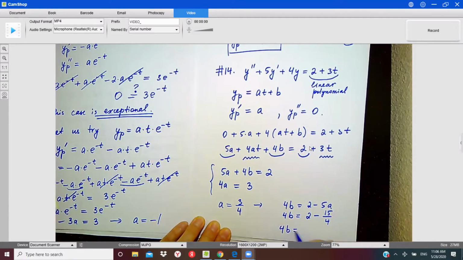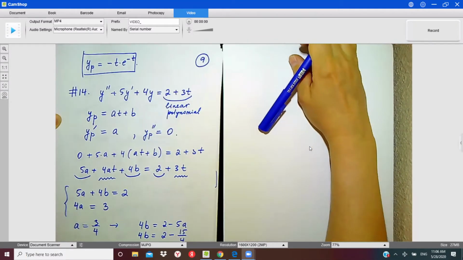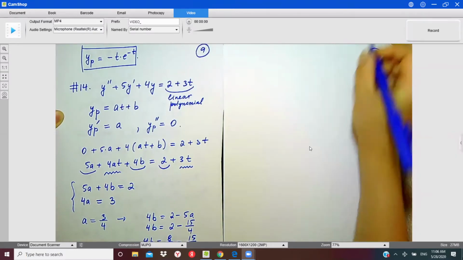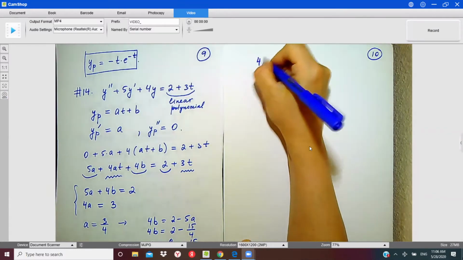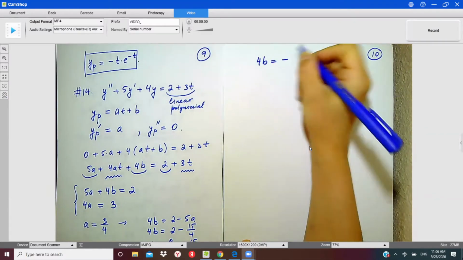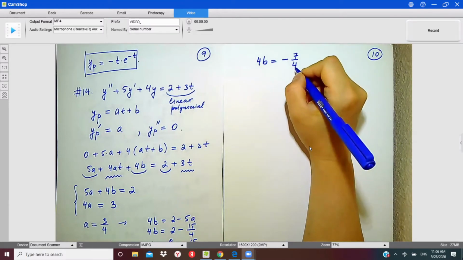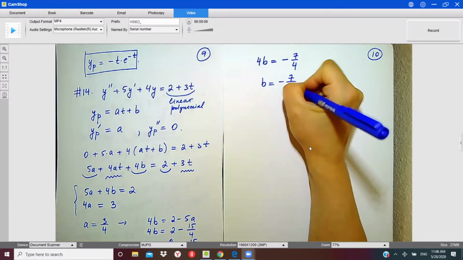So 4b equals 8/4 minus 15/4. So I'm getting -7/4 on the right-hand side. Divide by 4 both sides, I'm getting -7/16.